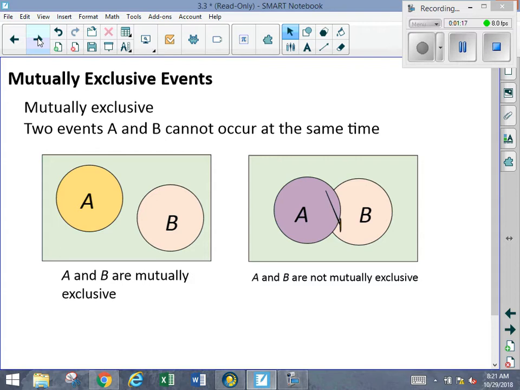We've got a couple of Venn diagrams here, right? I don't know what's going on with this, but I really like this picture to look like this.